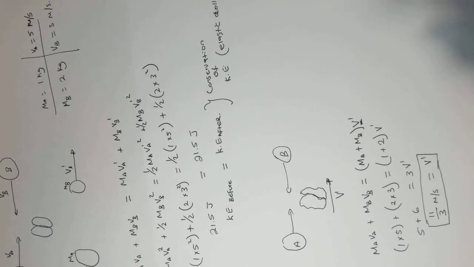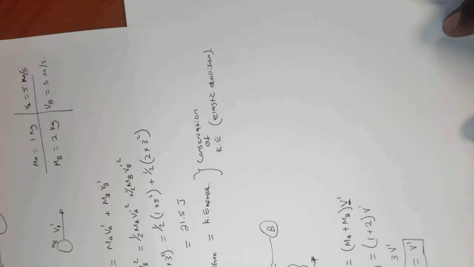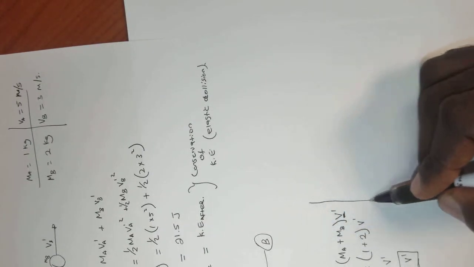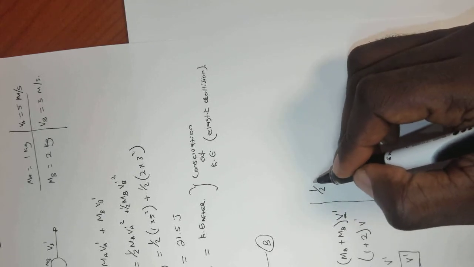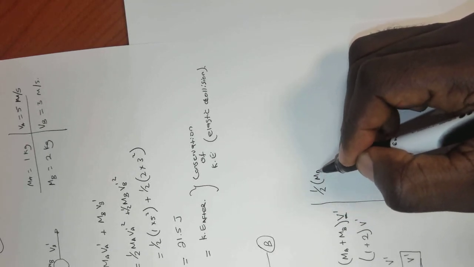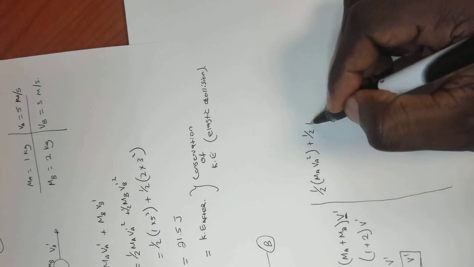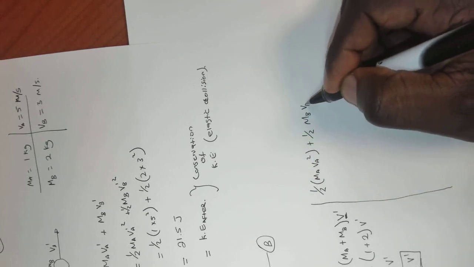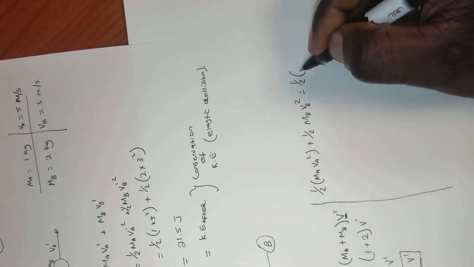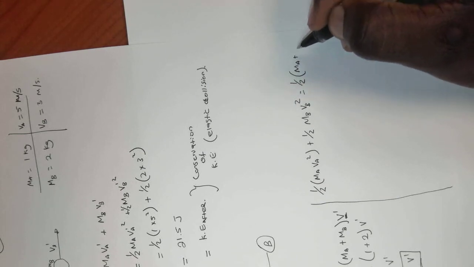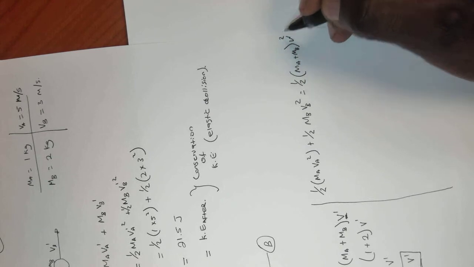So let's see whether the energy is conserved or not. I'll just write it here. You have half MA VA squared plus half MB VB squared, which equals half the mass of the coupled objects, MA plus MB, times V prime squared.